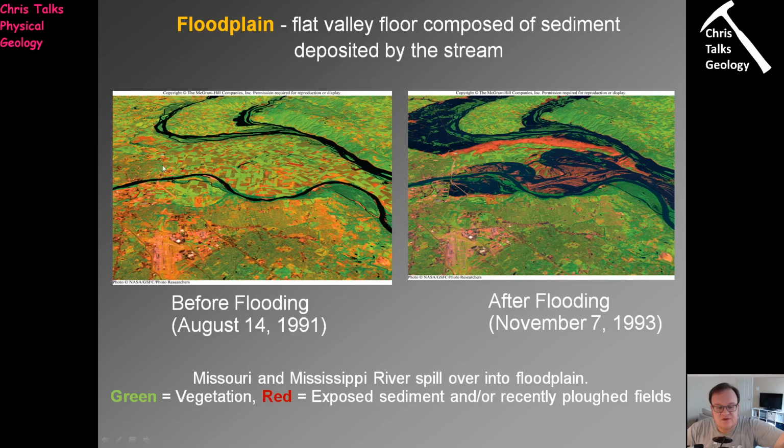If you look at this image, you'll see there's lots of farmland on the floodplains, because the floodplains here are a mixture of clay and silt deposited by the river, a little bit of sand, and also a lot of organic material. All of this material helps to regenerate the soil every time the river floods.